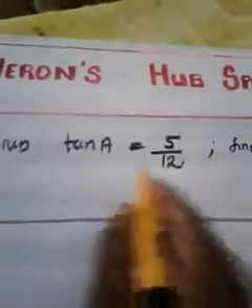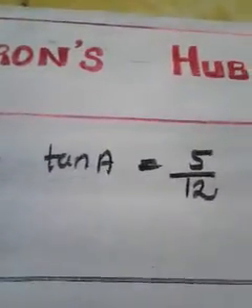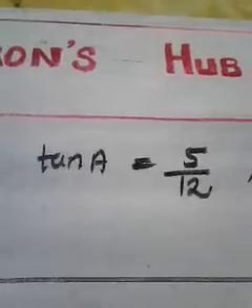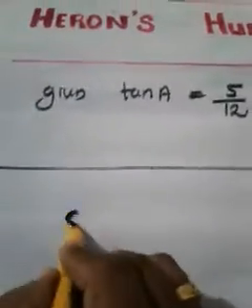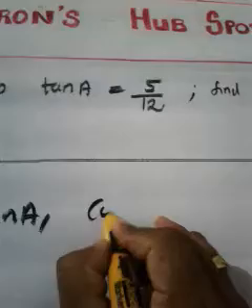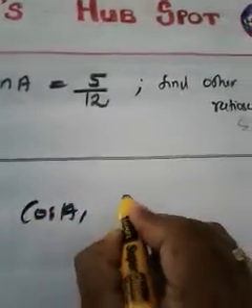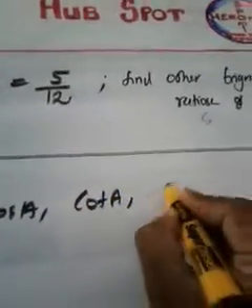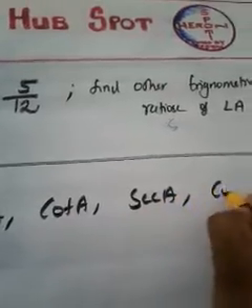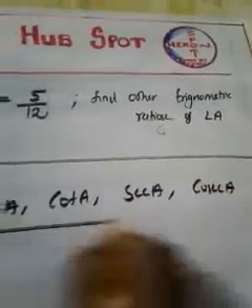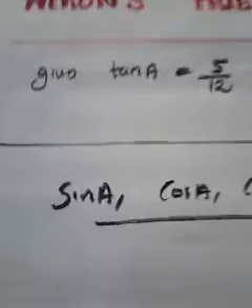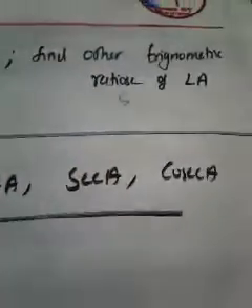Since tan is given, we have to calculate the value of sin A, cos A, then cot A, then sec and cosec. These are the remaining ratios. We have to calculate the value of each ratio. You may understand, isn't it?